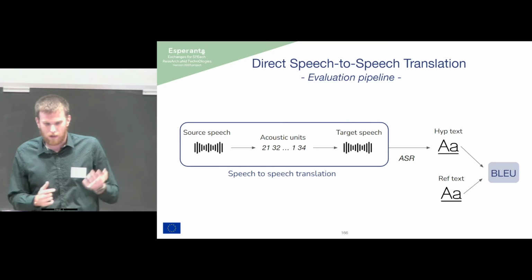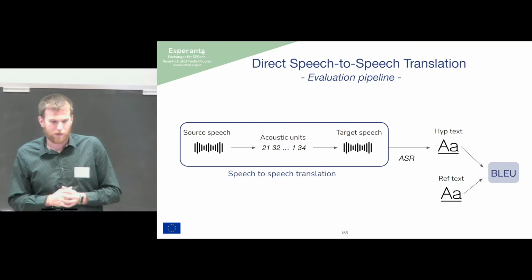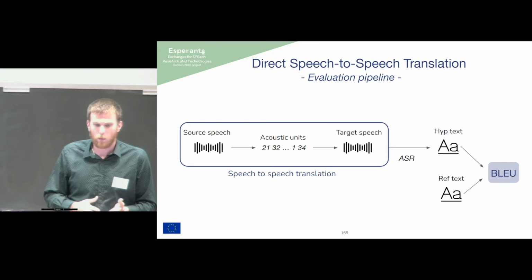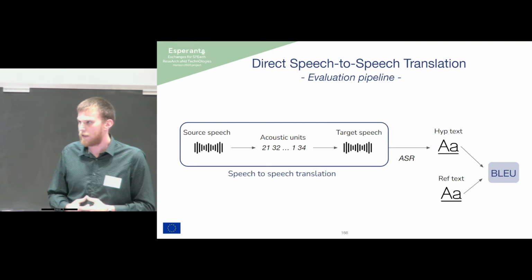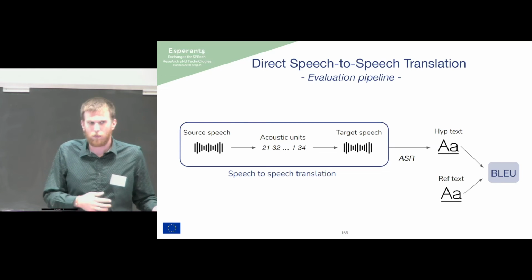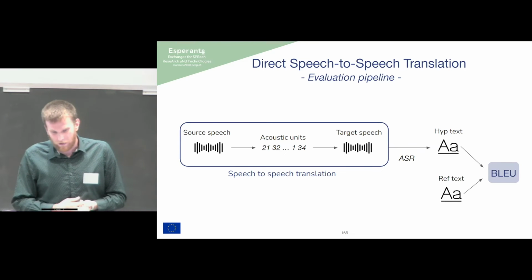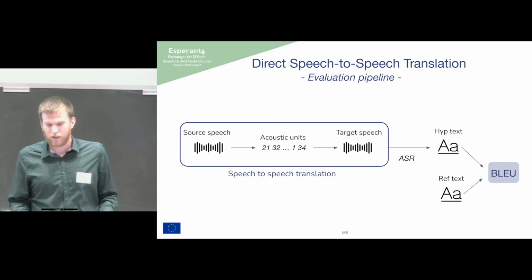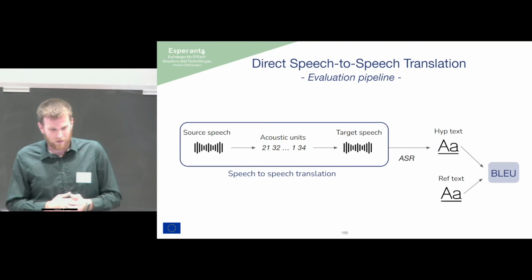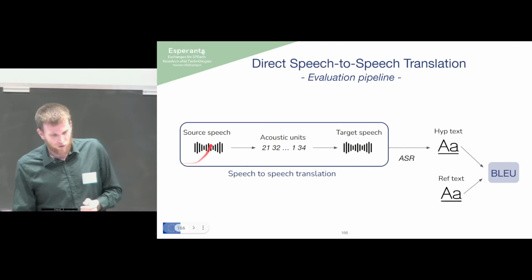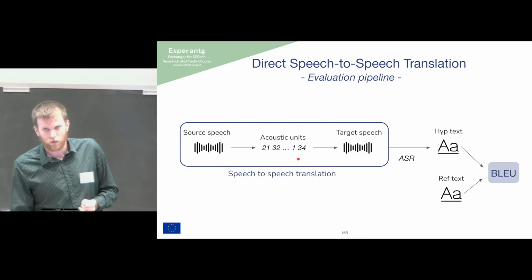Okay, so as Anthony already mentioned, there's still some question remaining on how to evaluate a speech-to-speech translation. Some members of our team are working on that, and they will tell you later in the following part of the presentation. But we needed some way to evaluate our system, so we used this evaluation pipeline that you are seeing here. We start from the source speech, and from that source speech, we predict the acoustic units.